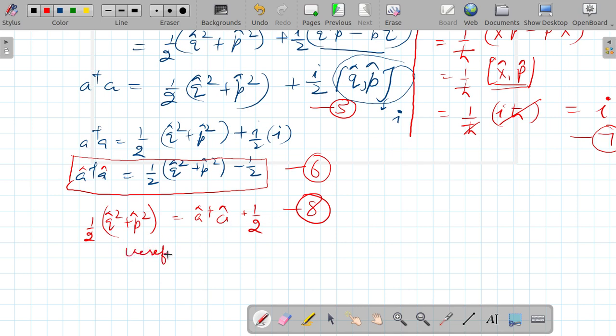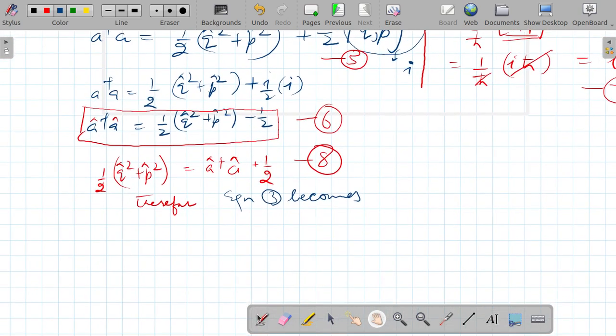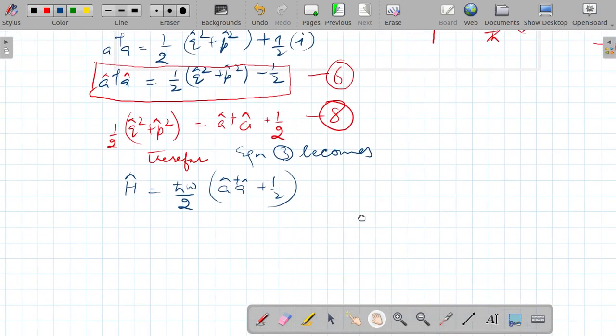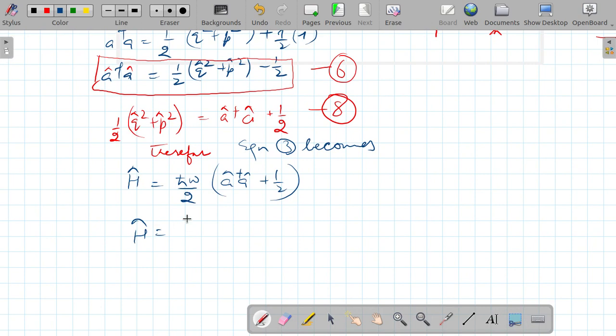Therefore, using this value, equation 3 becomes, if I substitute this value in equation number 3, the Hamiltonian will become h cross omega by 2 a dagger a plus 1 by 2, and this is equal to h cross omega, n operator plus 1 by 2.